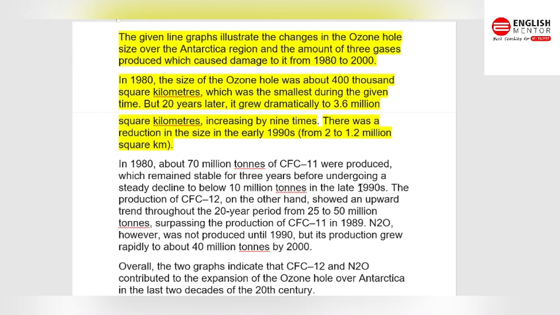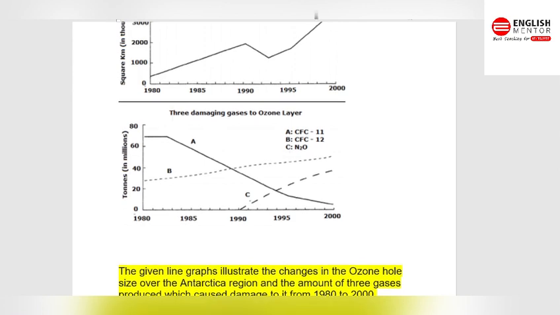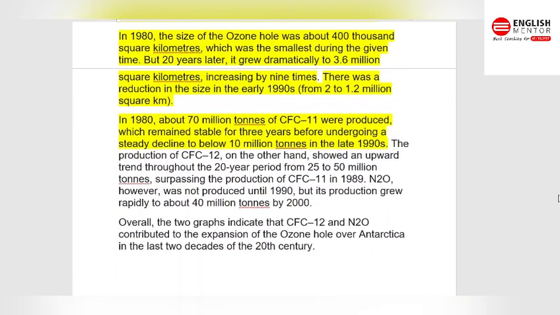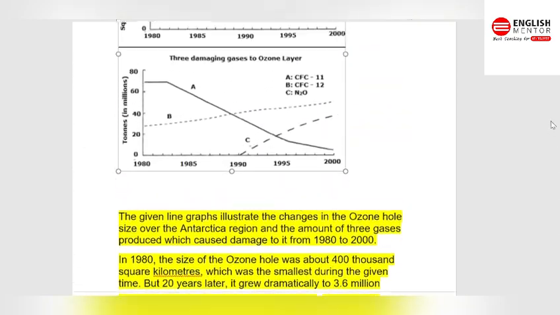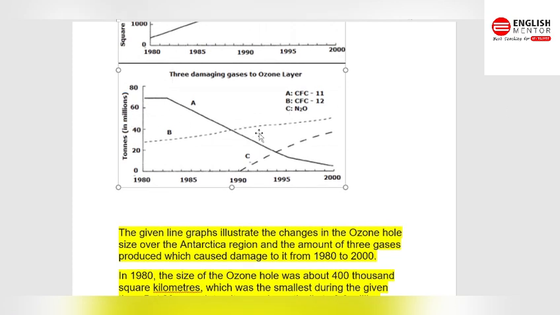So let's see from the 80s to the 90s how it was. This one, from 80 to 90. So you can clearly see a decline in the late 90s. There is clearly a decline.